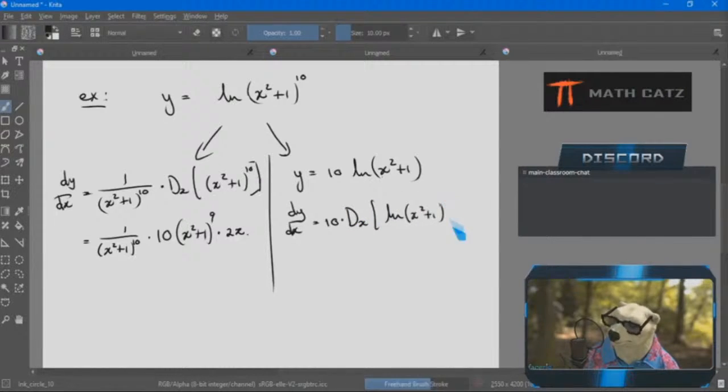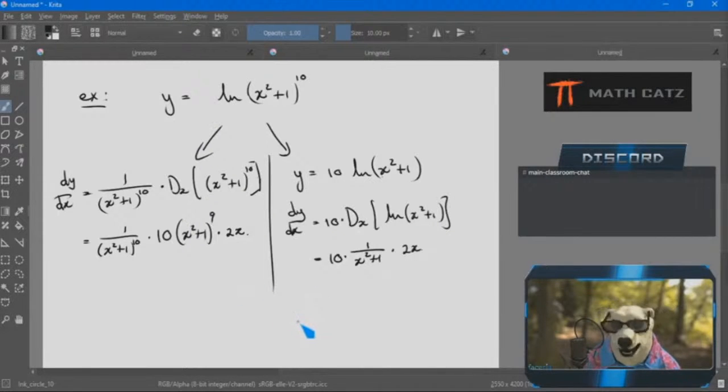Derivative of the log portion. I know my n looks like a u. I'm just going to let it go. But it's a much easier chain rule situation now. The log of something, derivative is 1 over the something, times derivative of the something, 2x.